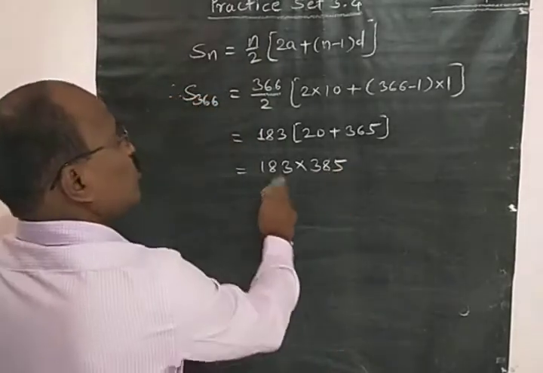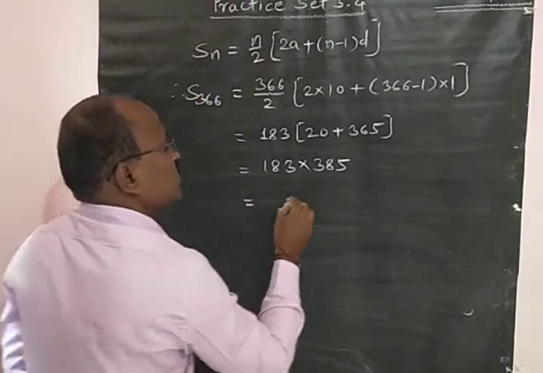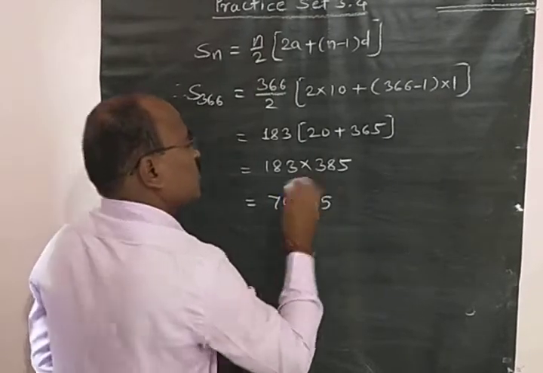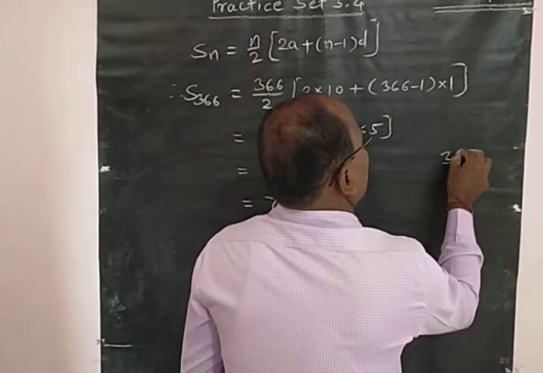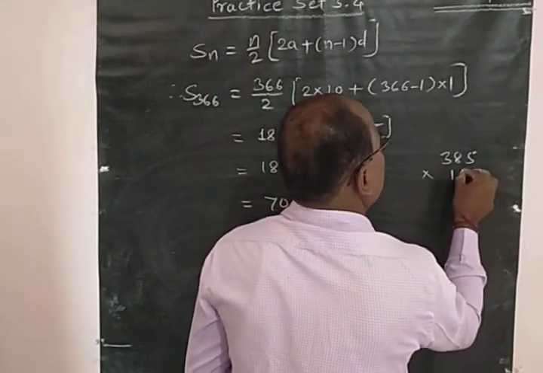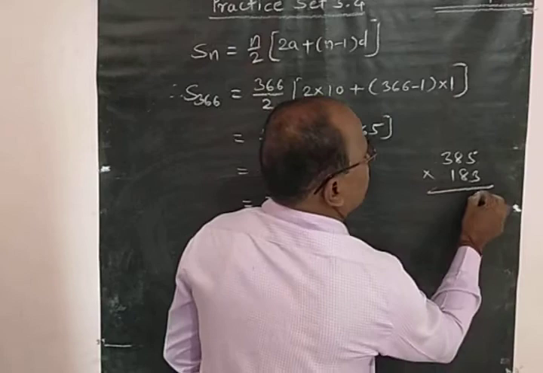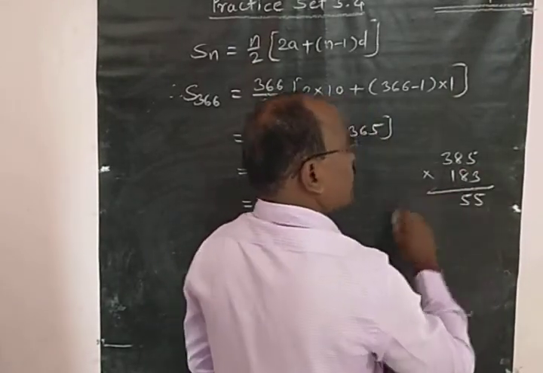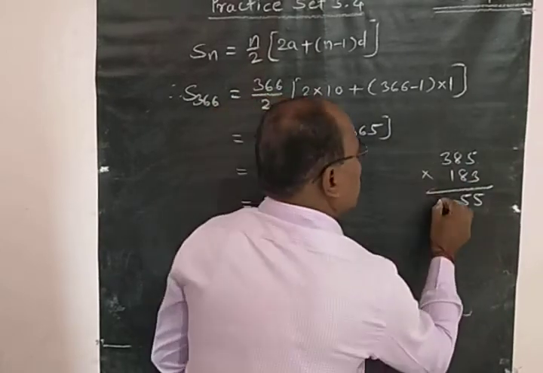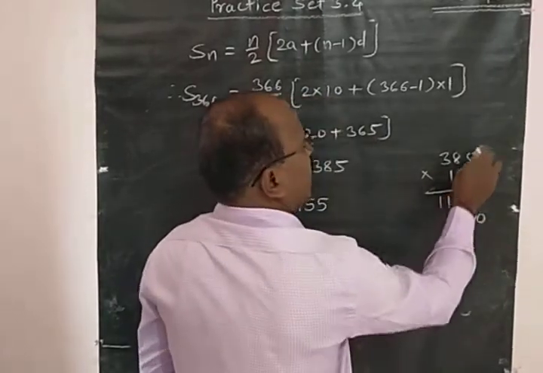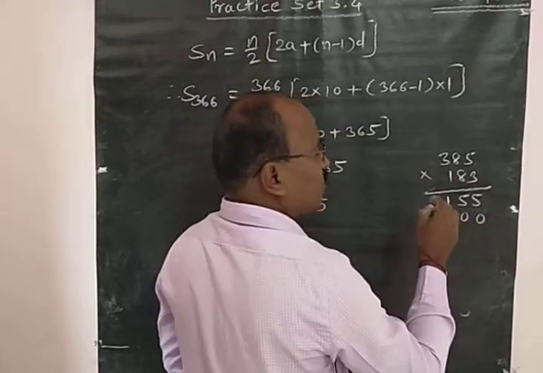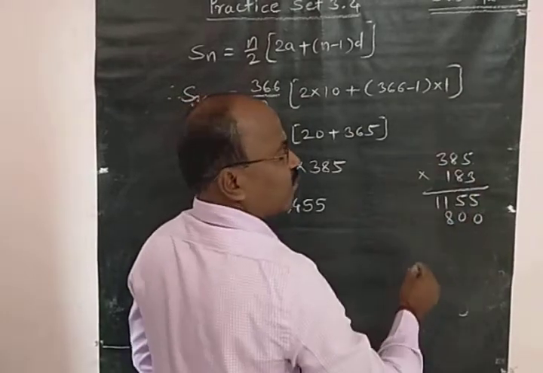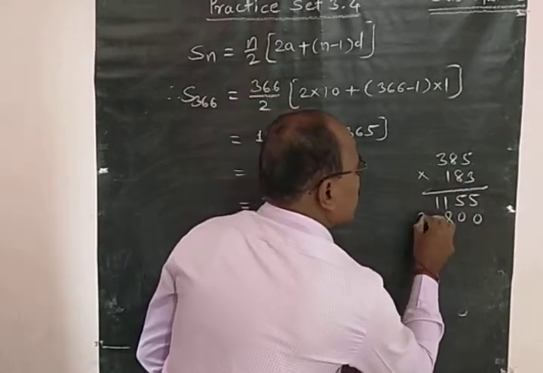Now multiply these two terms, we will get here 70,455. So look here, 385 into 183. 3 5s are 15, carry 1, 3 8s are 24 plus 1 is 25, carry 2, 3 3s are 9 plus 2 is 11. So 8 into 5 is 40, carry 4, 8 into 8 is 64 plus 4 is 68, carry 6, 8 3s are 24 plus 6 is 30.